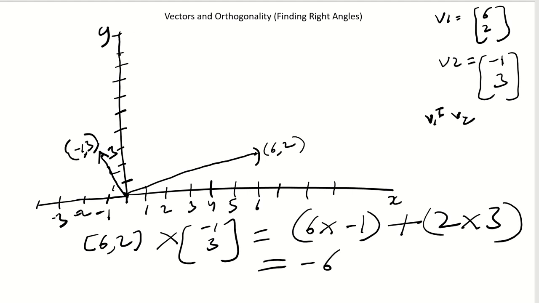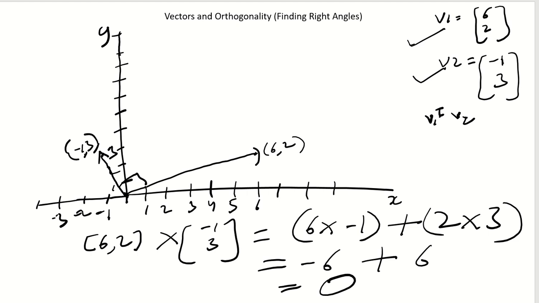Then it will be -6 and 6 again. This is -6 and 6, and this is equal to 0. That means these two vectors have a 90-degree angle between them, which we can see in the coordinate plane as well. So this angle is 90 degrees.